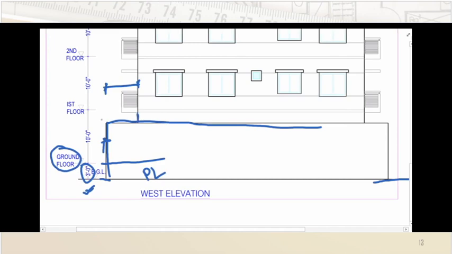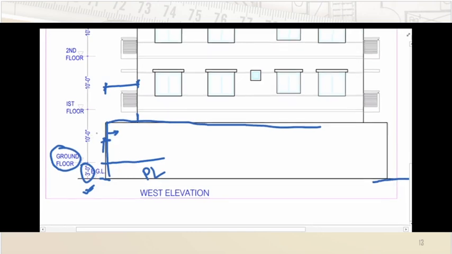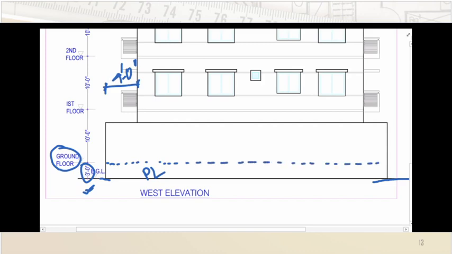So this is the solid boundary wall, and as we have discussed, we can take this distance, from the exterior edge of the building to the boundary line. Obviously the boundary wall will be constructed inside. The thickness of the boundary wall will be inside, not outside of the property line, this point being the property line. So this dimension will be, as we have said, either 4 feet or 4 feet 6 inch, which will be fair enough. And this will be the plinth level for us, so we'll be drawing a plinth level.